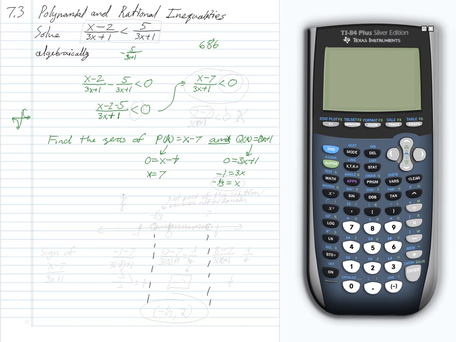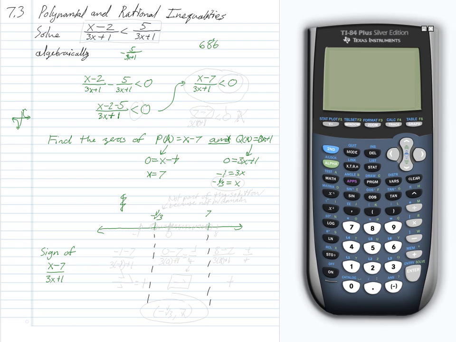So if we plot both of those on the number line, negative 1/3 being the first that we'll encounter, and 7 after that, then we are going to do the exact same procedure we did for polynomials. We are going to figure out what is the sign of our function, (x minus 7) over (3x plus 1).